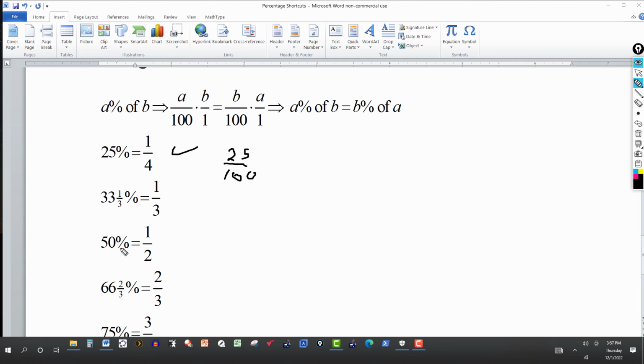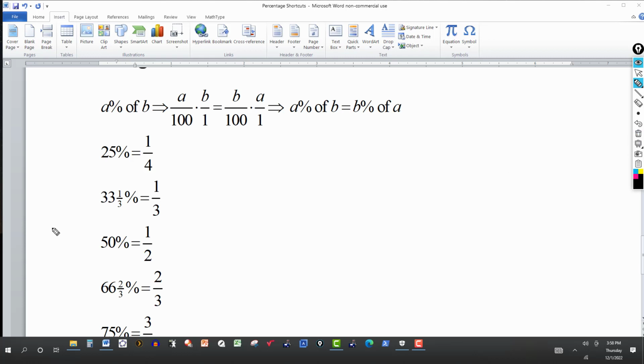Let's do 50%. 50% means 50 over 100. That's 1/2. 75% is 75 over 100. And 75 over 100 reduces. Divide the numerator and denominator by 25. 25 into 75 is 3. 25 into 100 is 4. So 75% is equivalent to 3/4.